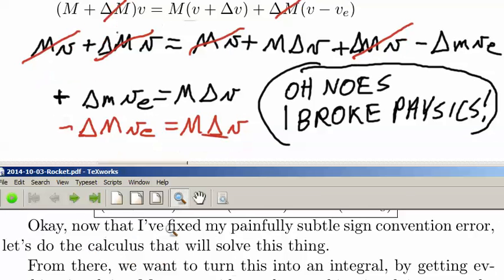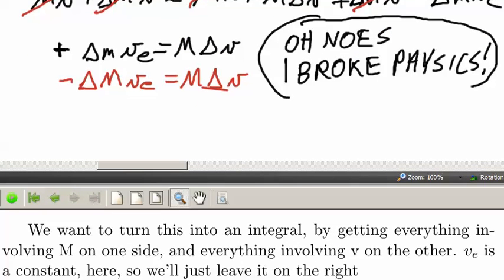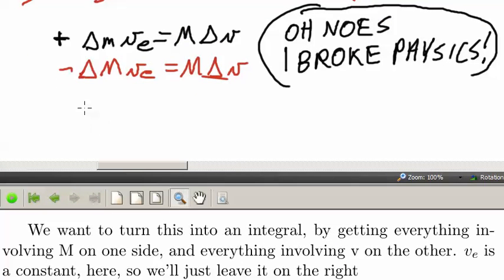Okay, now that I've fixed my painfully subtle sign convention error, let's do the calculus that will solve this thing. We want to turn this thing into an integral by getting everything involving the m on one side and everything involving the v on the other. So I'm going to divide by m, 1 over m dm, and we'll leave that v sub e over there.